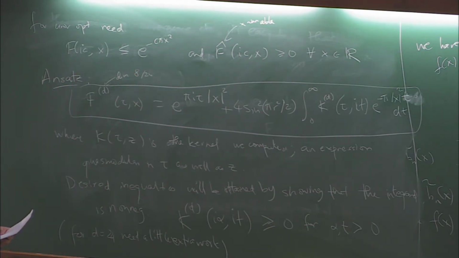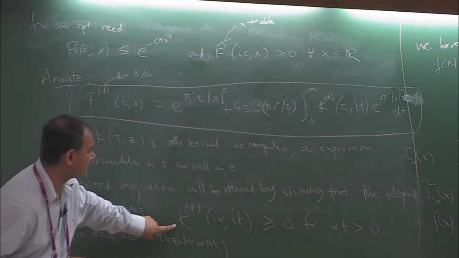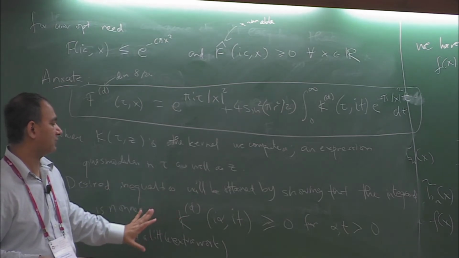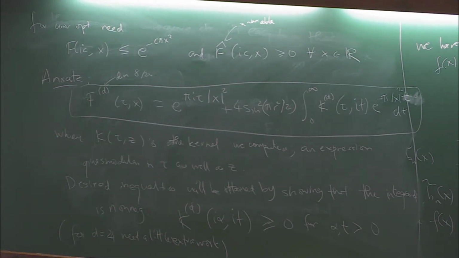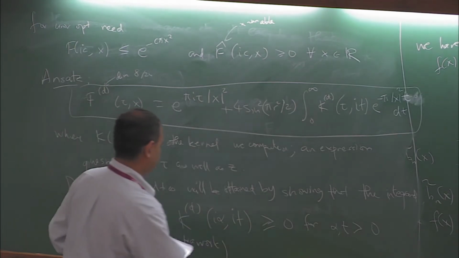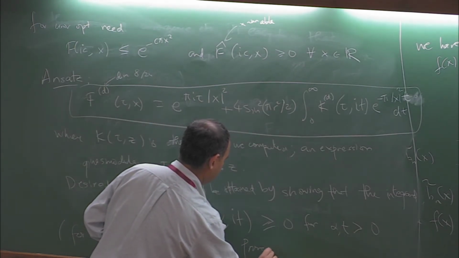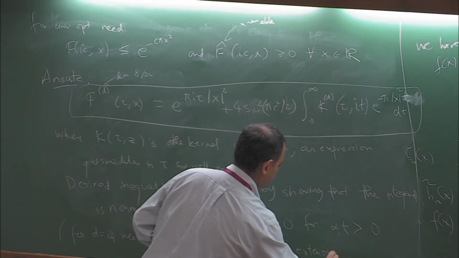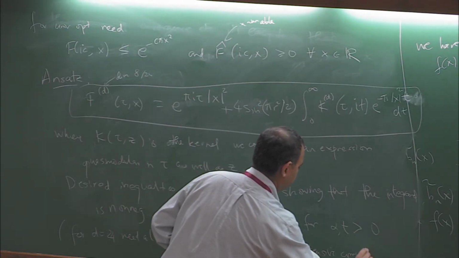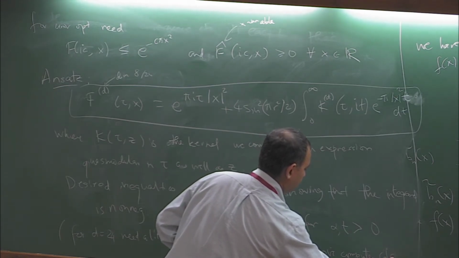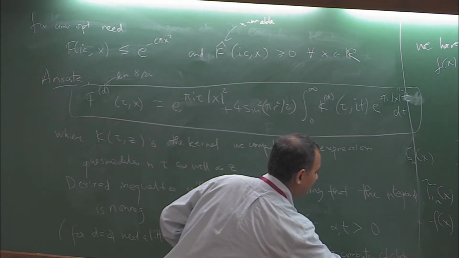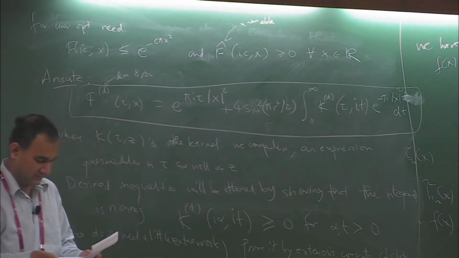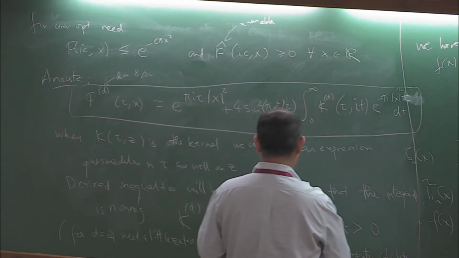Okay, so that's a tremendous amount of work that you have to do. Once you have this kernel, you have to do a lot of computer work to actually show that it's positive. Anyhow, we can do that. So prove by extensive computer calculations. We did try by hand proofs, but nobody could come up with something really good.